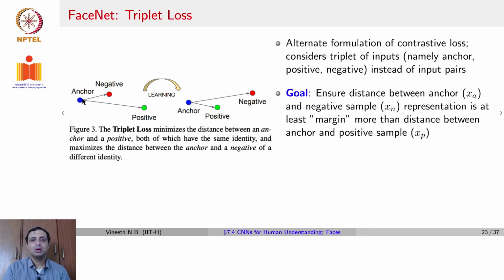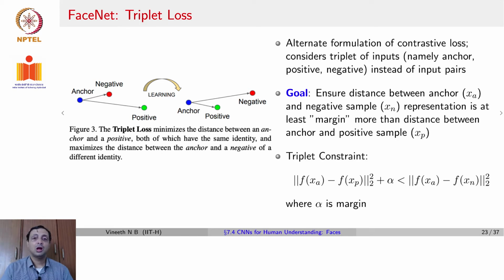We now try to use all these three while learning through a loss function, and our goal here obviously is to ensure that the distance between the anchor and the negative sample is at least a certain margin more than the distance between the anchor and the positive sample. How do we implement this using a loss function?